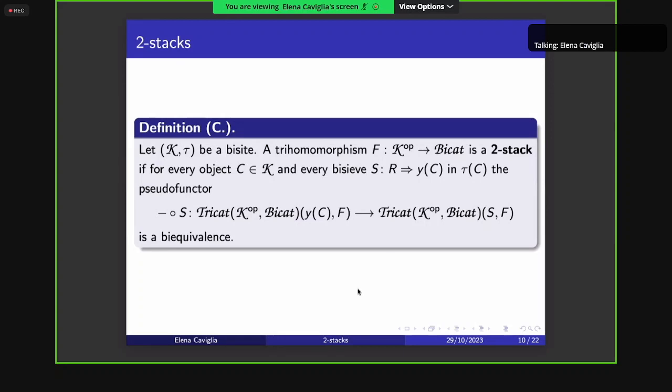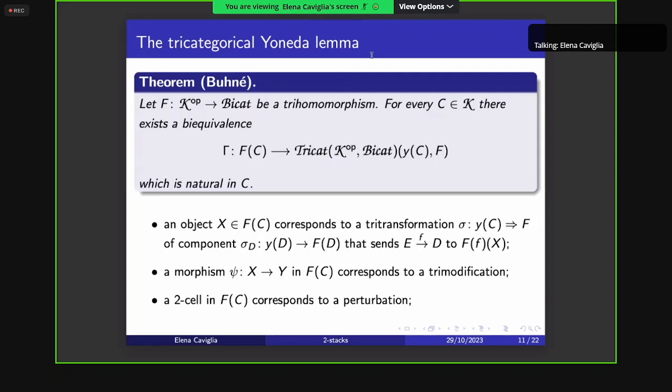And this allows us to find the right explicit conditions that we want to ask for a two-stack. And so, again, the idea is that we want to use the Yoneda lemma to do this. And we are lucky because Bounet, in his PhD thesis, proved a tricategorical version of the Yoneda lemma.